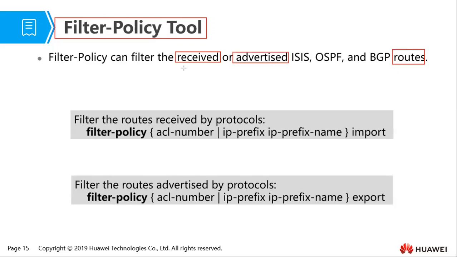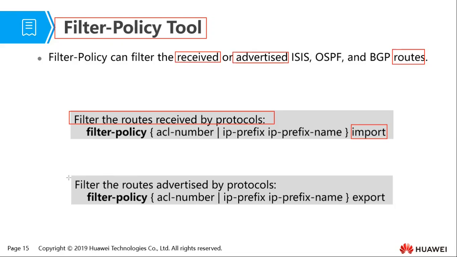So generally, remember with the filter policy here, we just want to specify which routes can be learnt and which routes can be shared. When we are configuring a filter policy on a route that we want to allow to be learnt, we use the import parameter at the very end.